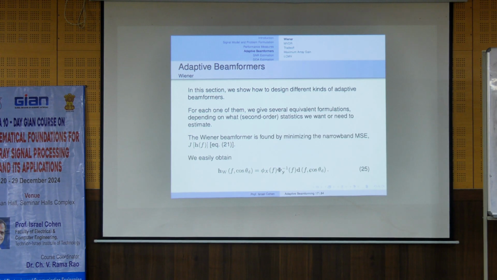It looks like this, which is similar to what we derived for the Wiener filter for multi-channel signal enhancement. The only difference is this vector D, but otherwise, you see, it's similar.